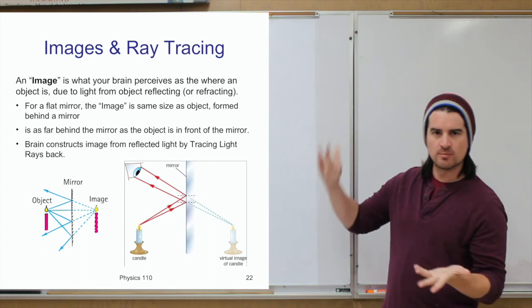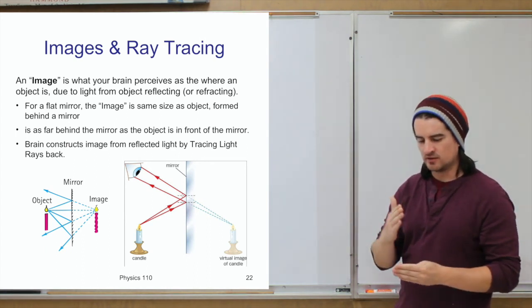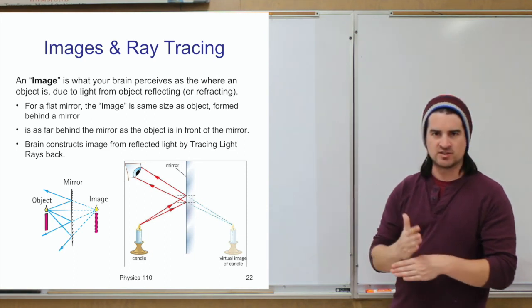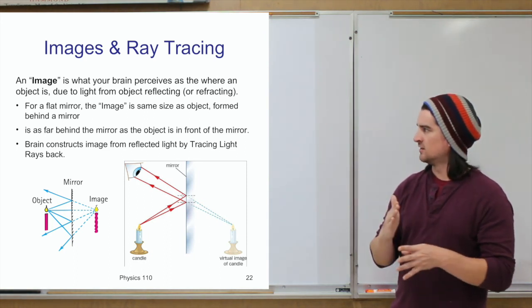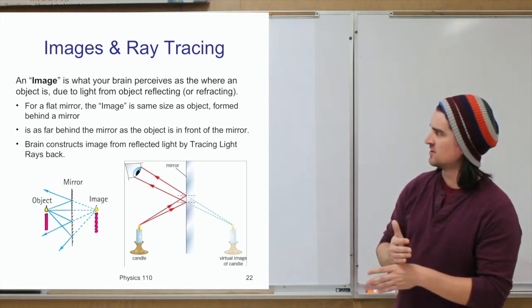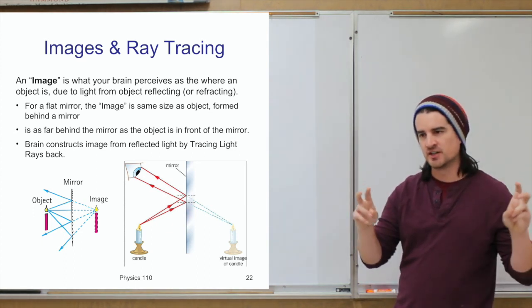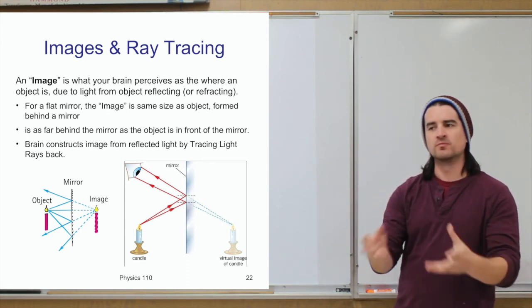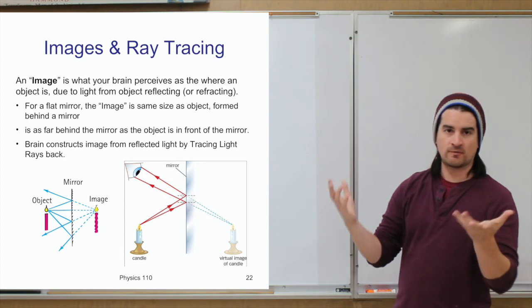It turns out there's a number of different things that we call images when we're talking about light rays, and later about lenses and reflections. So in the basic sense, what we call an image here is the thing that our brain constructs from light that's been reflected, or refracted actually.